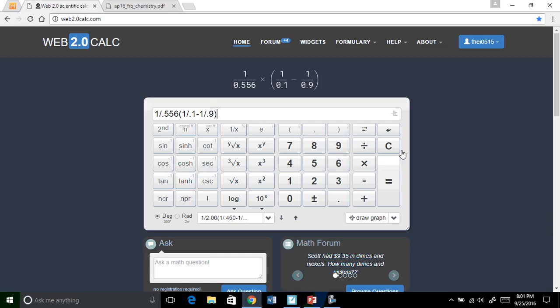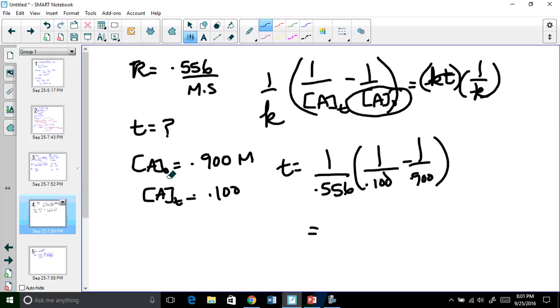Close the parentheses and just hit equal. And it says 15.9872 seconds, but if you look at the problem, we get 3 sig figs. And so then the answer to this problem is T equals 16 seconds.